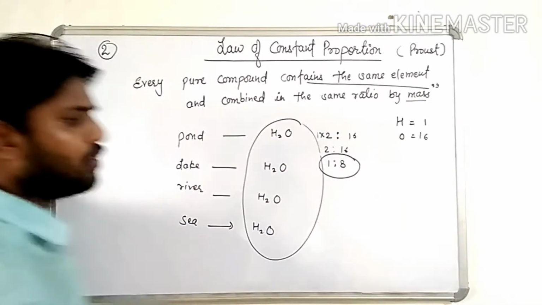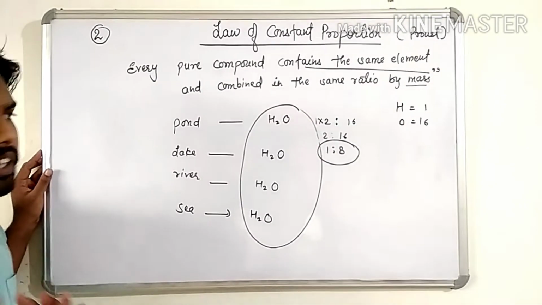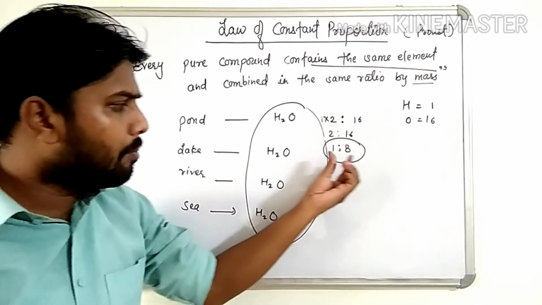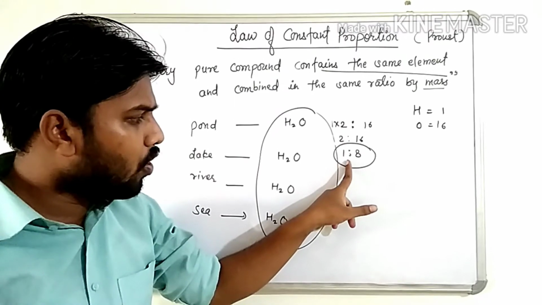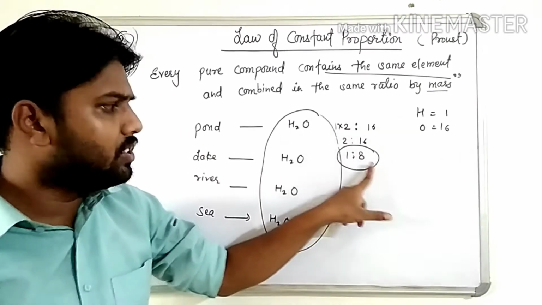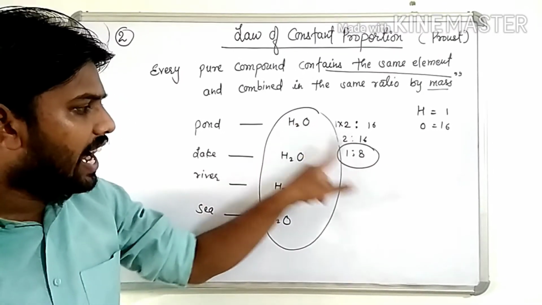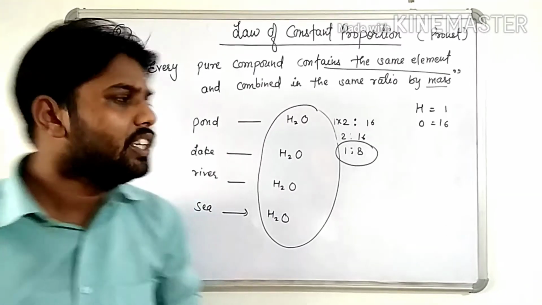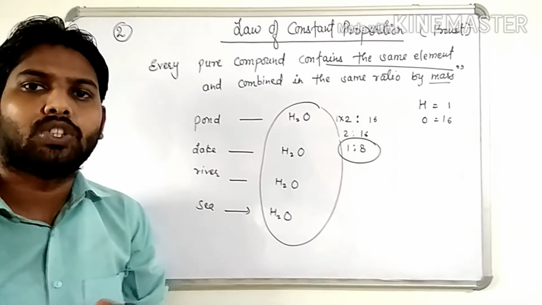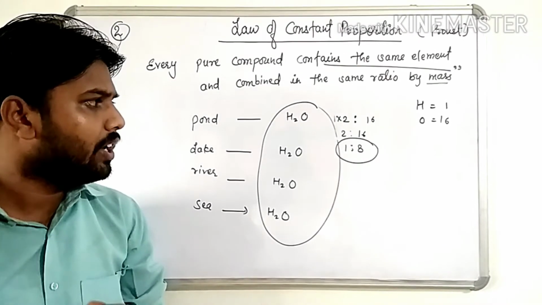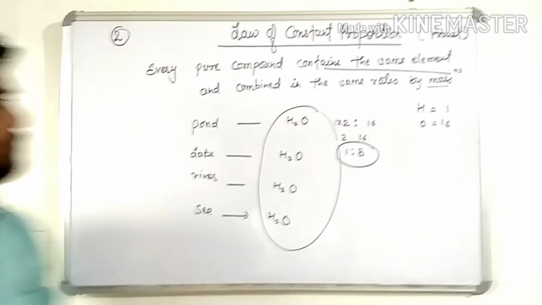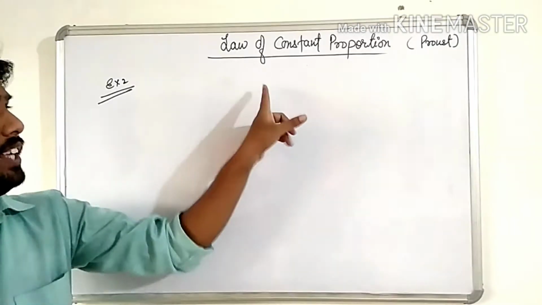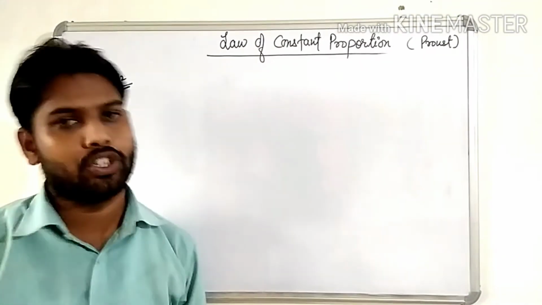Every water compound contains hydrogen and oxygen combined in the ratio of 1:8, means 1 part of hydrogen and 8 parts of oxygen. Clear, children? It does not depend upon any source. Now note this in your copy. Let's take another example to verify the law of constant proportion.